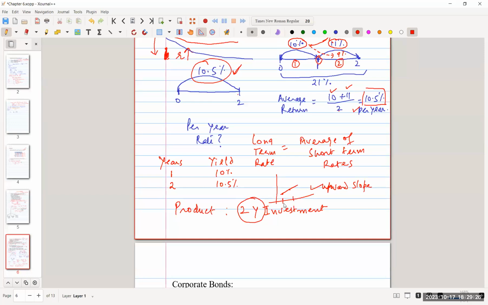Ladies and gentlemen, if you have understood pure expectations theory, I will make a statement. You tell me, please, whether I'm right or wrong. Listen carefully. I'm saying that if pure expectation theory works, then bonds or debt-related financial instruments with different maturities are perfect substitutes of each other.